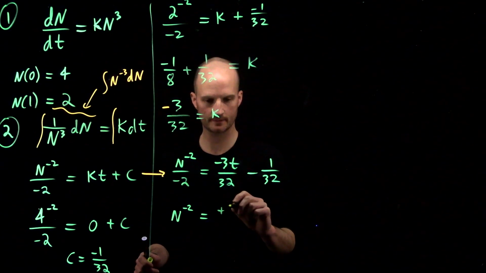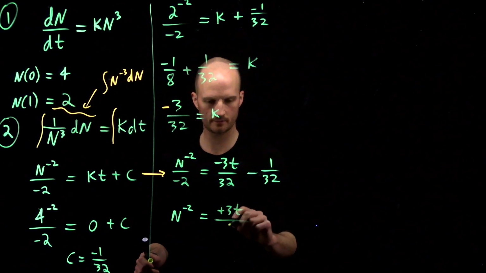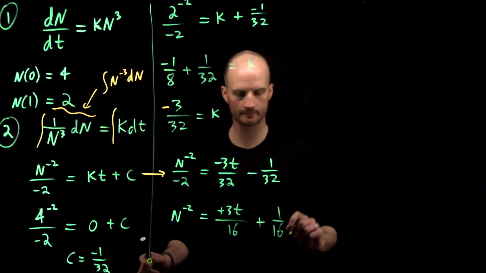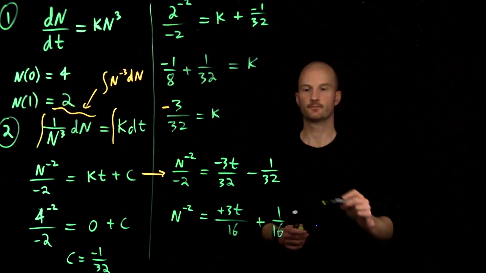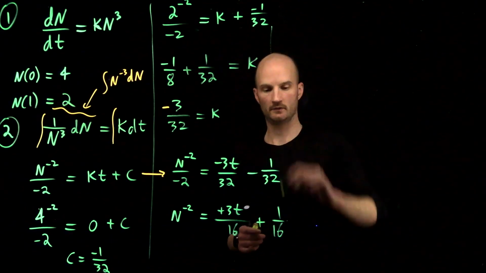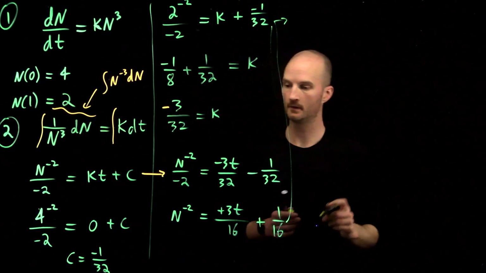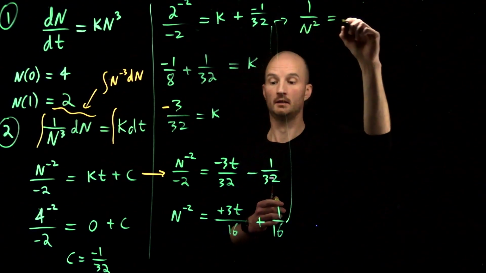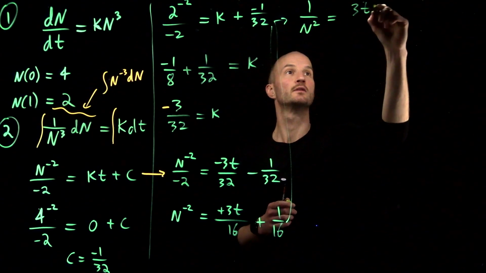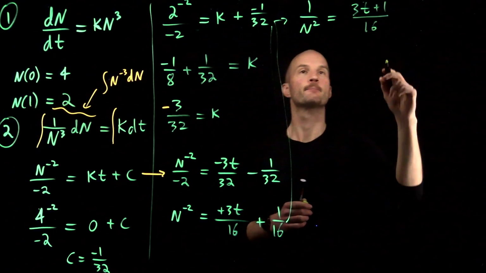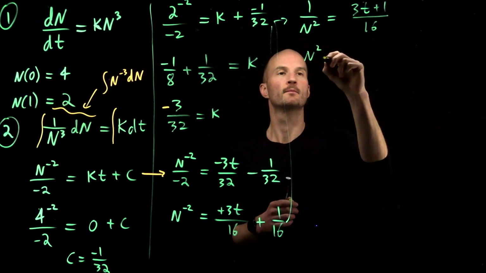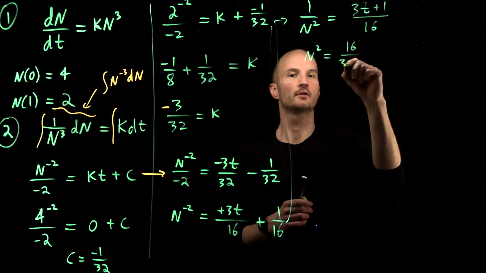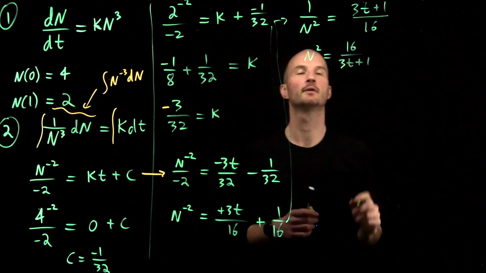I get now plus 3t over 16 plus 1 over 16, giving me 1 over n squared is, let's combine these fractions, n squared is 16 over 3t plus 1.